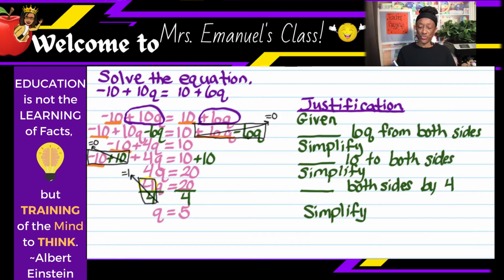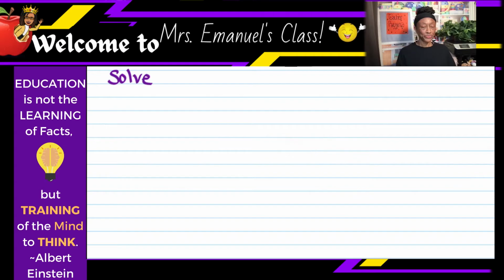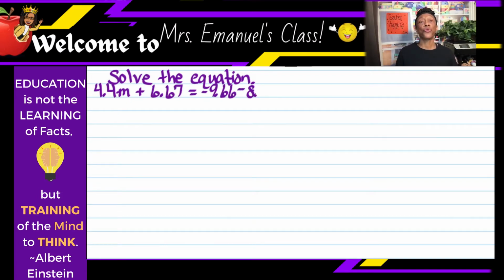All right, moving on to the next equation. This is my last one, solving the equation. We have here 4 and 4/10 m plus 6 and 6/700 equals negative 9 and 6/600 minus 8 and 5/100 minus 2/10 m.